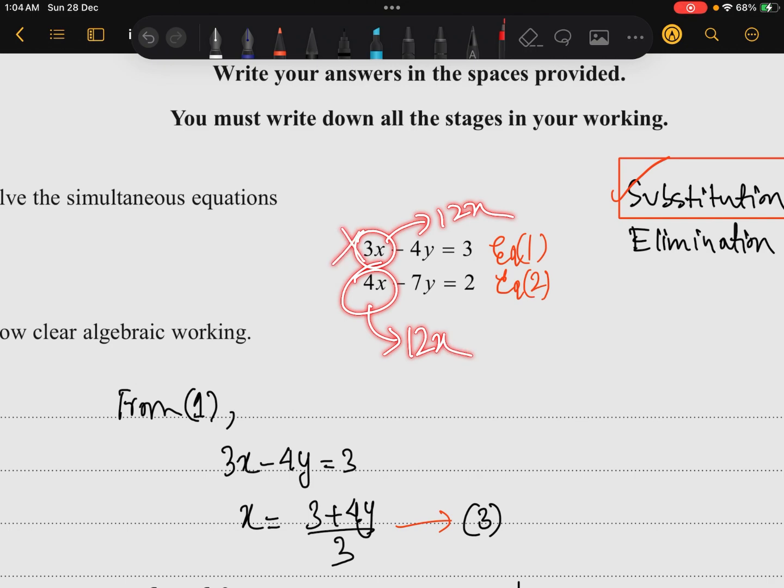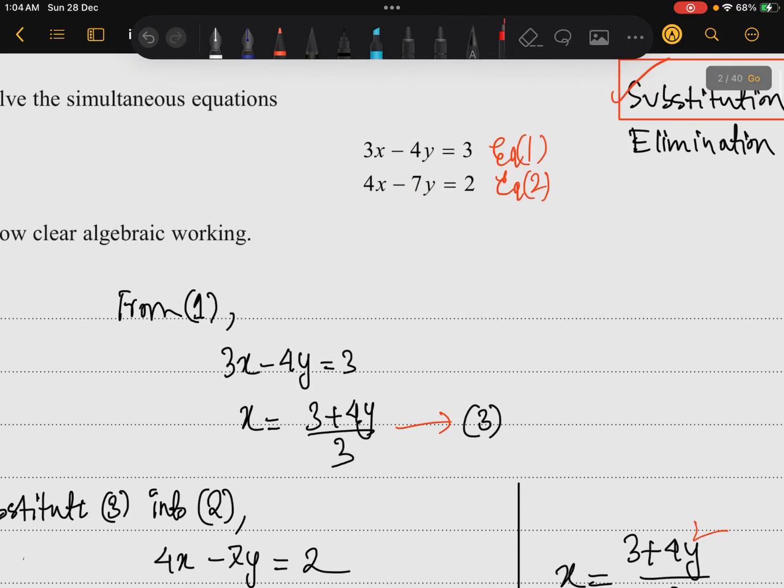So I multiply equation 1 with 4 and equation 2 with 3, because 4 multiplied by 3 will give me 12x and 3 multiplied by 4 gives me 12x. Then I subtract those equations to get the value of y, which I can then substitute in any of these two equations to get the value of x. So that can be done as well.